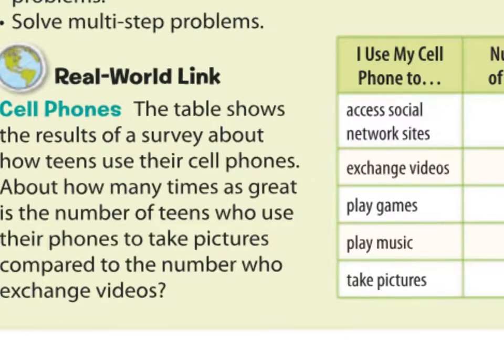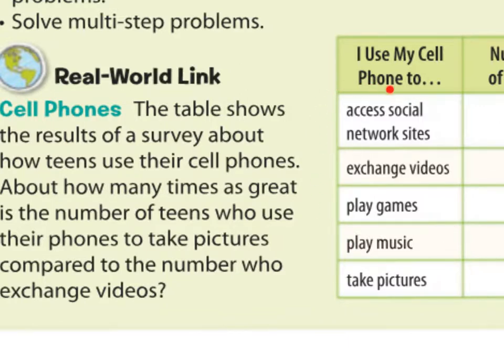Cell phones. The table shows the results of a survey about how teens use their cell phones. About how many times as great is the number of teens who use their phones to take pictures compared to the number who exchange videos? So, teens using their smartphones, some of them are sharing pictures and some of them are sharing videos.